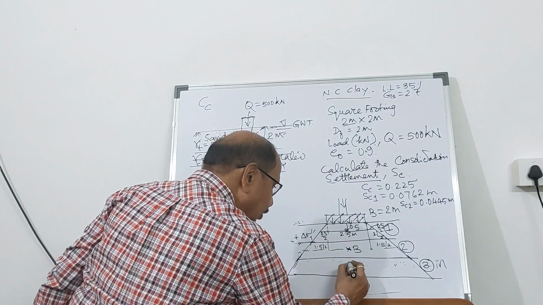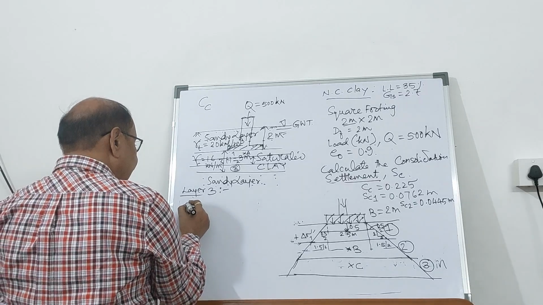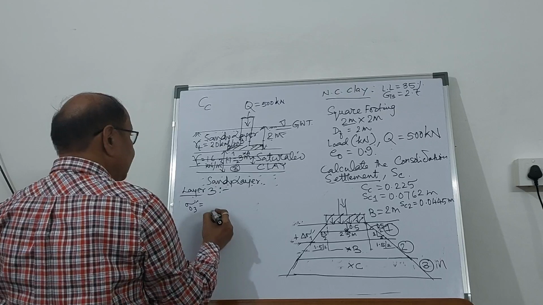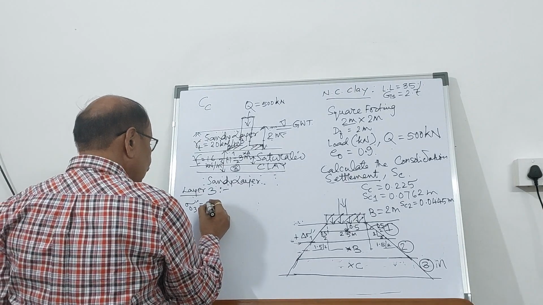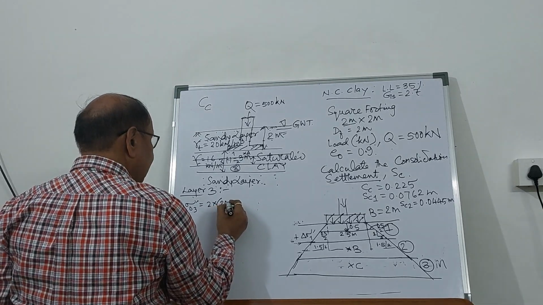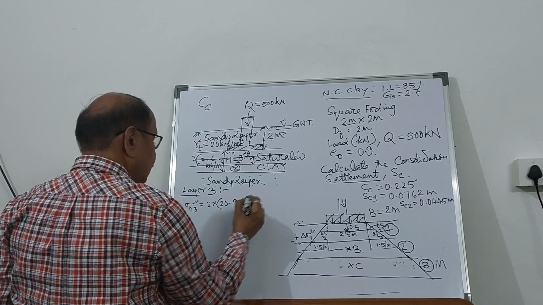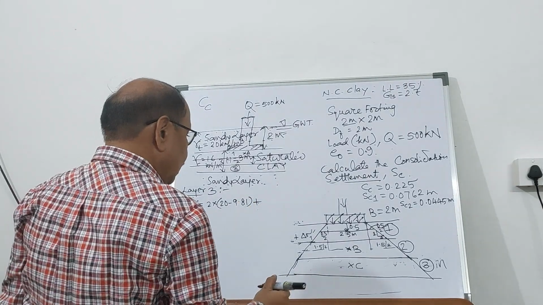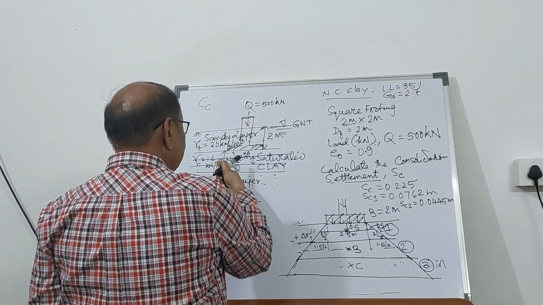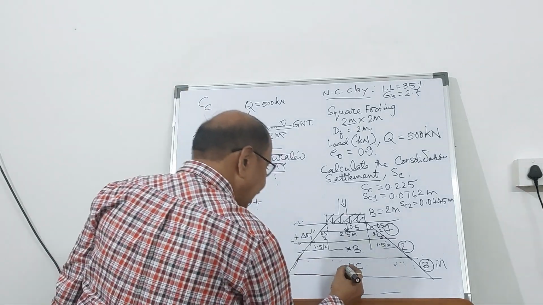So at the midpoint of this, that is at C, calculate first the effective overburden pressure of the third layer. What will it be? 2 meter of sand, that is 20 minus 9.81, plus first layer 1 meter, second layer 1 meter, 2 meter, and third layer 0.5 meter.